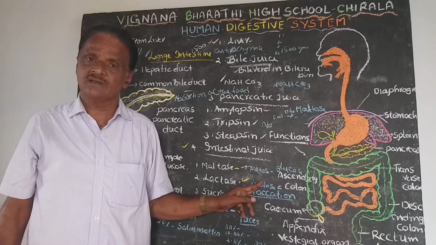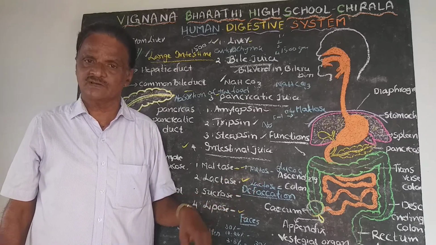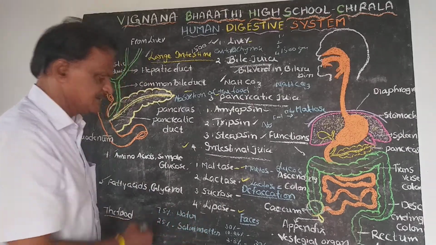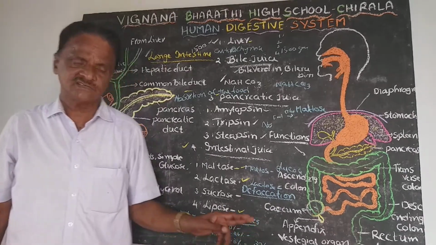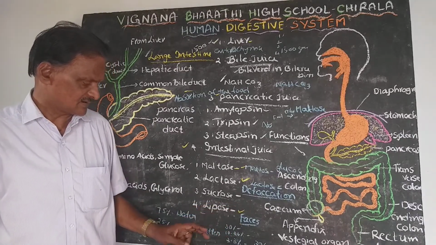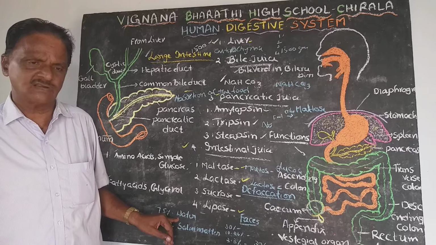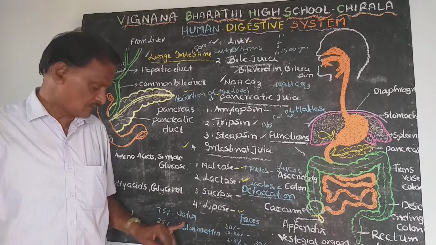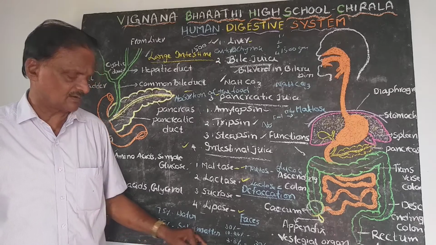After much water is absorbed, the content becomes semi-solid feces, containing 75% water and 25% solid matter.